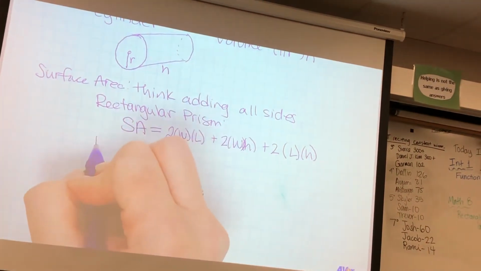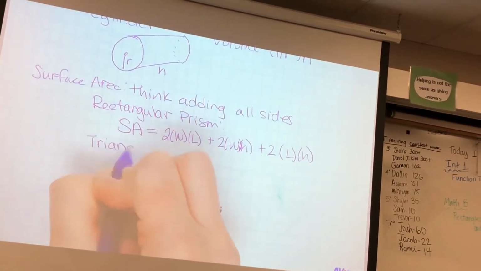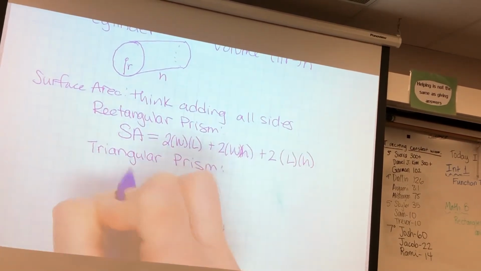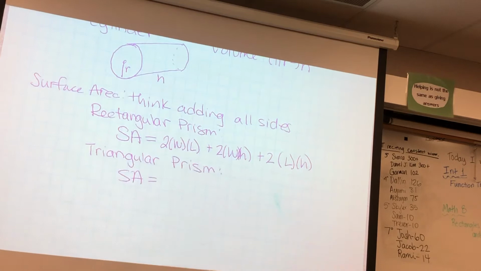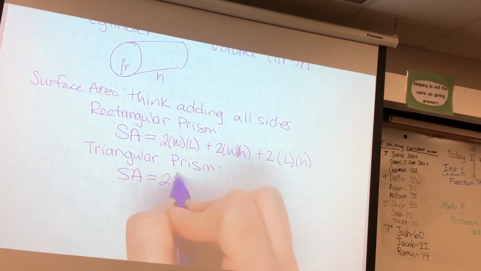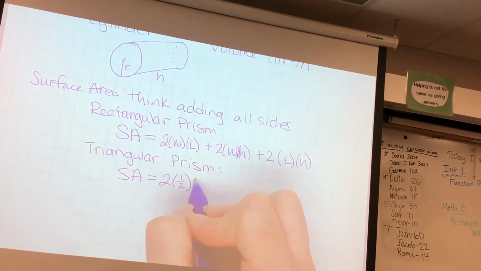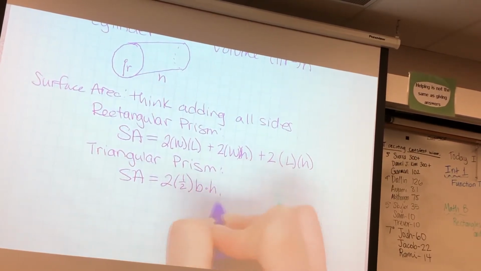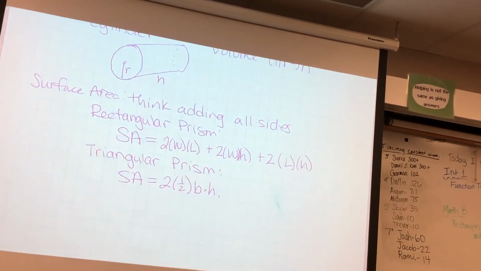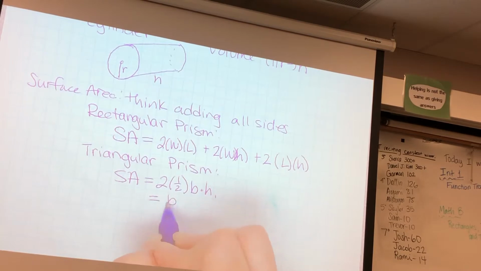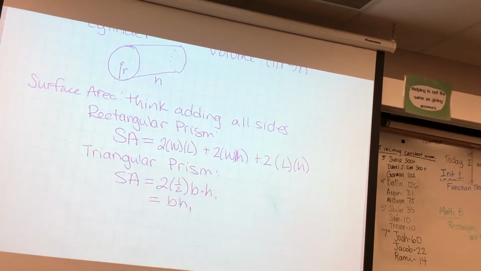Triangular one, I always struggle to write it out nicely, but I'll try to discuss it. To find its surface area, I first think about the 2 bases. Each base is 1/2 base times height, so 2 times 1/2 that base times that, remember we talked about this being the height of the triangle. So if I multiply that together, that's really the 2 and 1/2 cancel out, so it's the base times the height of the triangle.